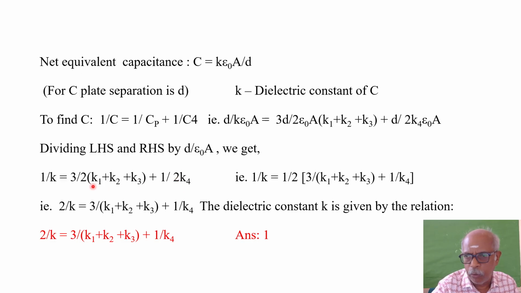So you take 1 by 2 as a common factor: 1 by 2 into 3 by K1 plus K2 plus K3 plus 1 by K4.